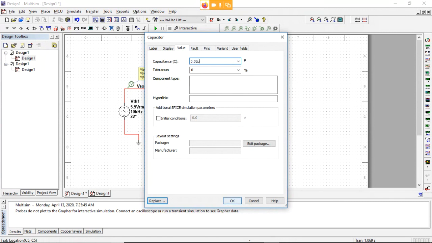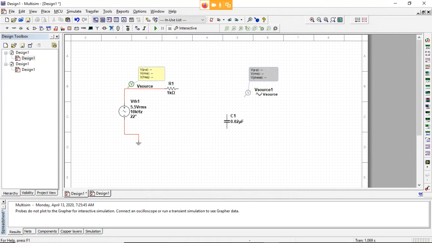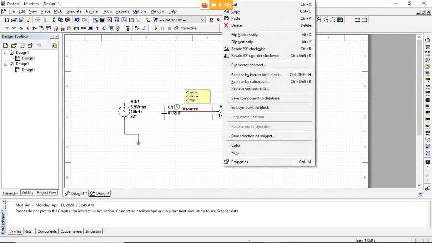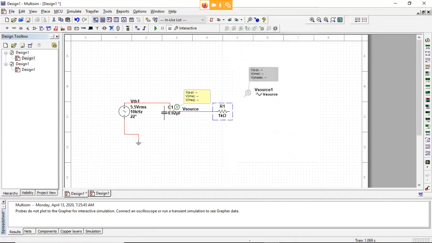microfarad capacitor. All right, now if this is going to be a high pass filter, then the capacitor actually needs to come first. I'll go over that in a minute. But let me redraw this. So I'm going to have the resistor there.